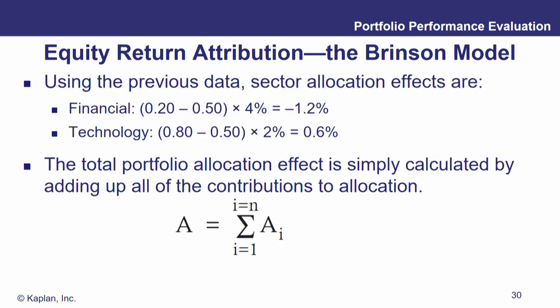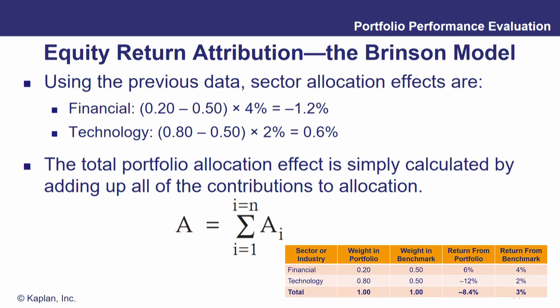Okay, so using the previous data, again, we have to refer back to that original slide. What do we see? Well, finance 0.20 was the weight of the portfolio. 0.50 was the weight of the benchmark, and then we multiply that by the return of the finance benchmark, and we come up with negative 1.2.